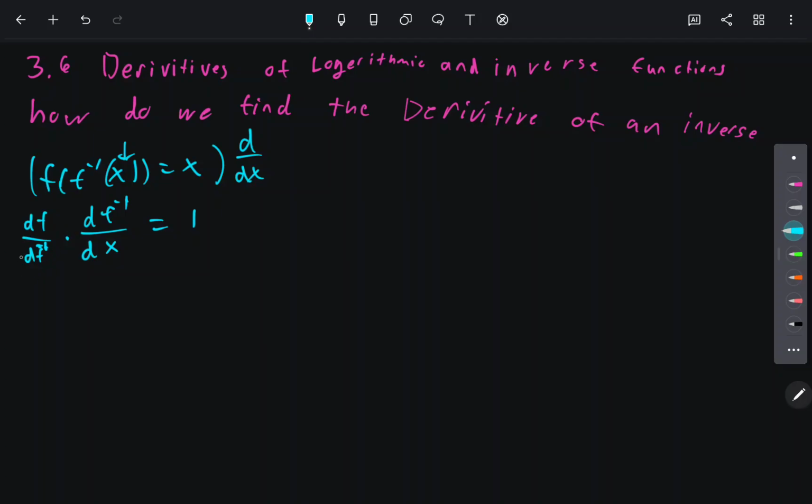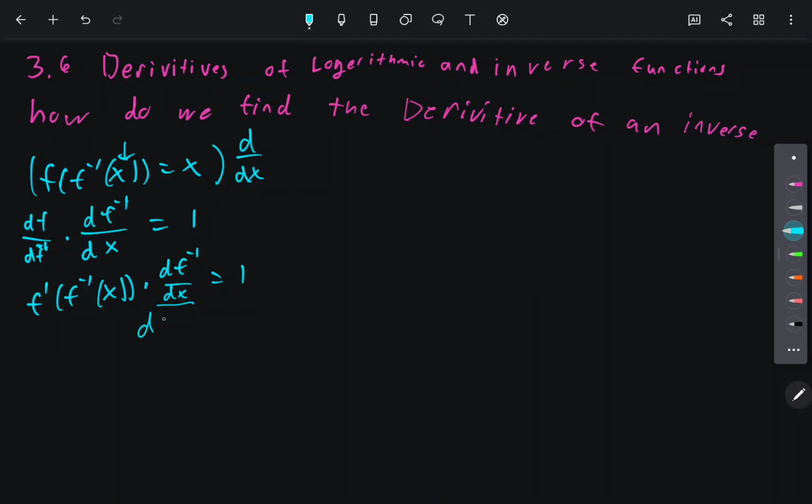Well, what's the derivative of f with respect to f inverse? That's just f prime of f inverse of x times the derivative of f inverse with respect to x, is equal to 1. Now, if we want to solve for this d f inverse over dx, then we can just divide by f prime of f inverse of x.